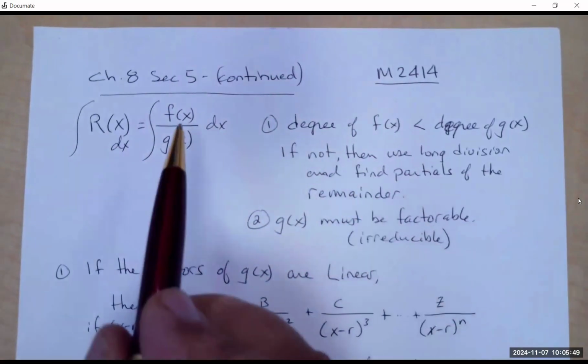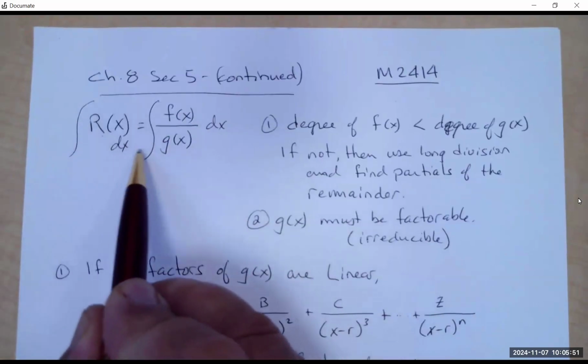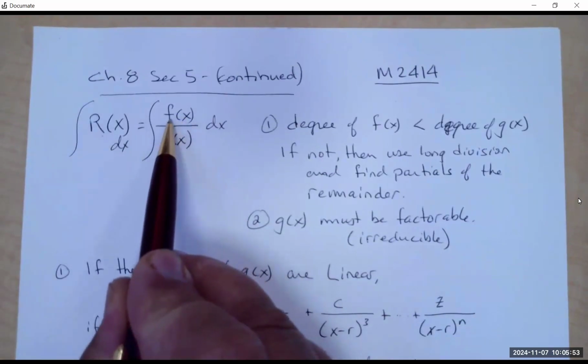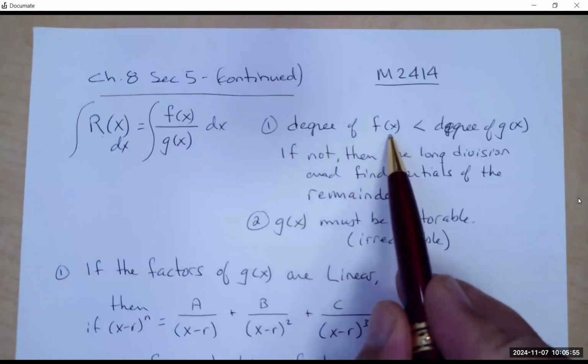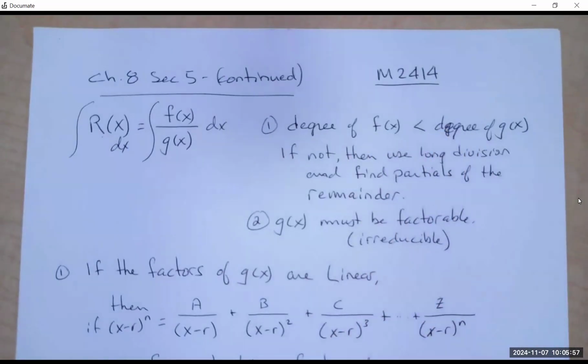Here are the conditions. The integrals of rational functions, where the degree of the numerator has to be less than the degree of the denominator. What kind of fraction is that if the top is smaller than the bottom? No. What's the name of it?